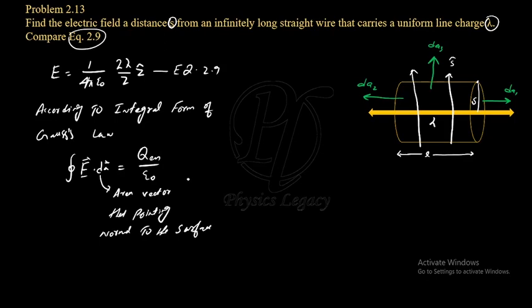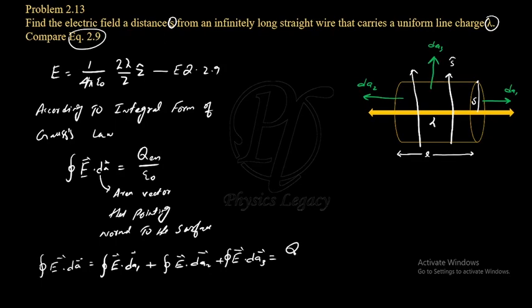So our integral form of Gauss's law is the closed integral of E dot dA, which is equal to the closed integral of E dot dA1, plus the closed integral of E dot dA2, plus the closed integral of E dot dA3, is equal to Q enclosed over epsilon naught. Here we can take E outside the integral because E is uniform.